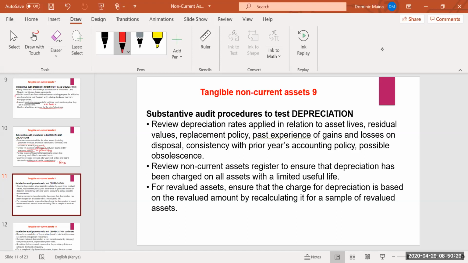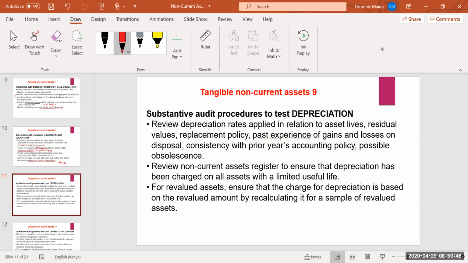At the same time, you may want to discuss recalculation. You may want to assess, for example, what has been reported this year, what has been the total depreciation charge?